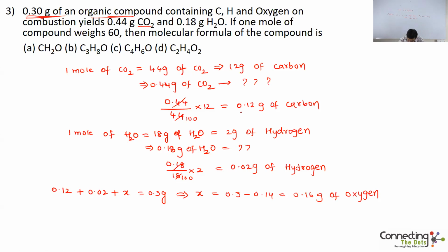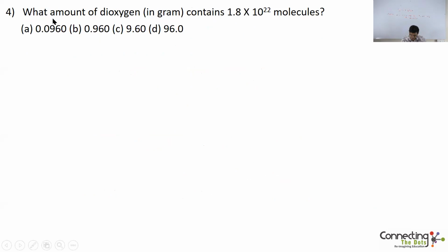So these are the values which we have to remember: 0.12 grams of carbon, 0.02 grams of hydrogen, and 0.16 grams of oxygen. From this, you can calculate the empirical formula. So let us try to do that. 0.16, 0.02, 0.18, 0.2, 0.3. So that is fine, you are getting 0.3. So you are on the right track.